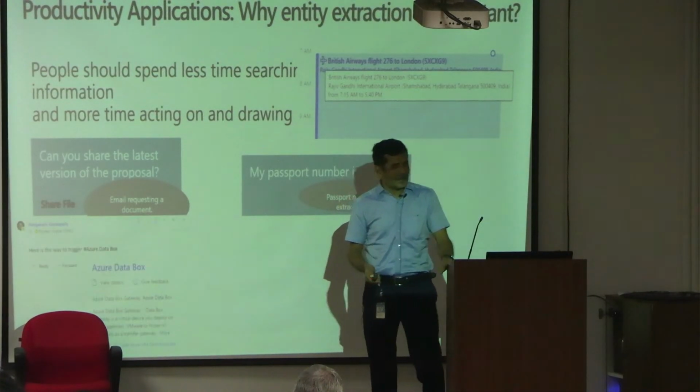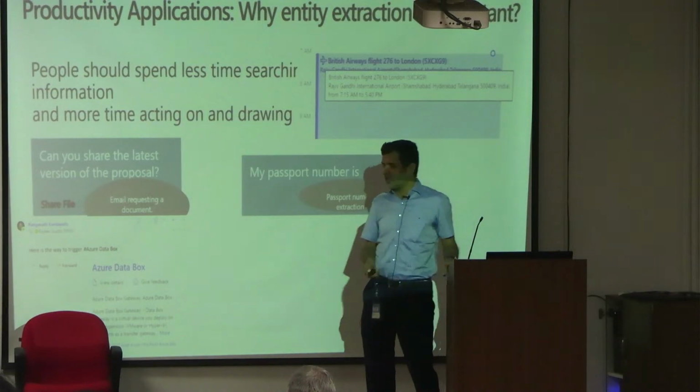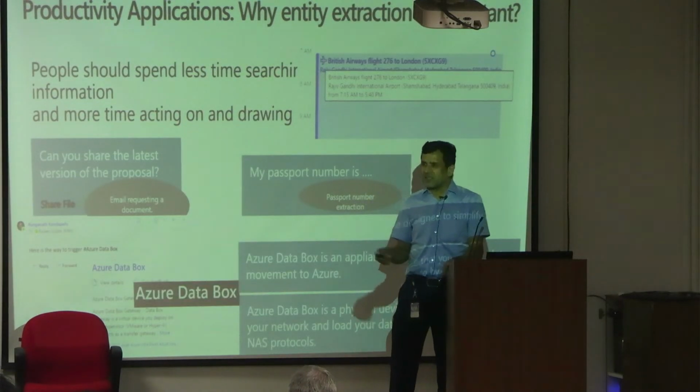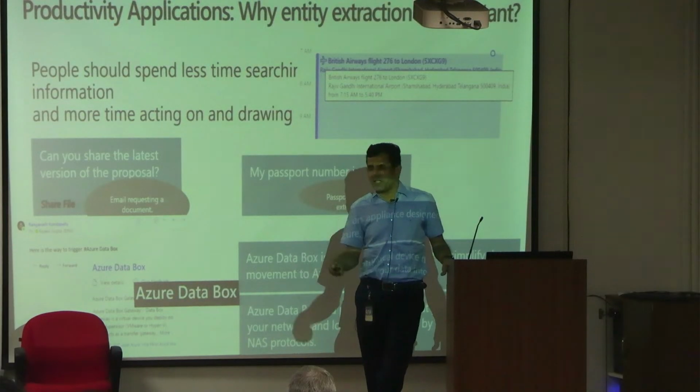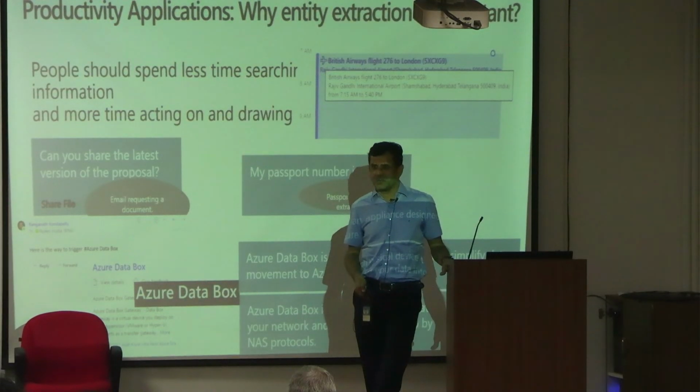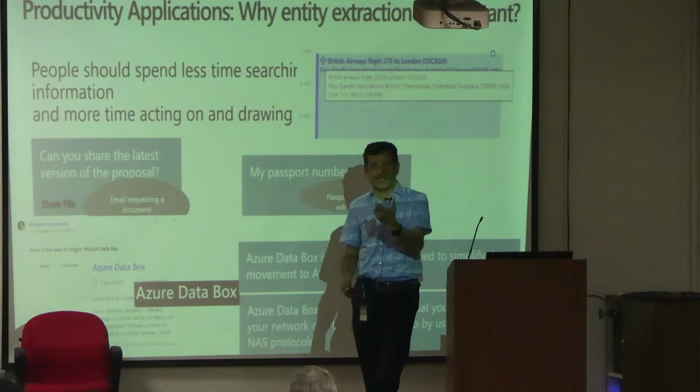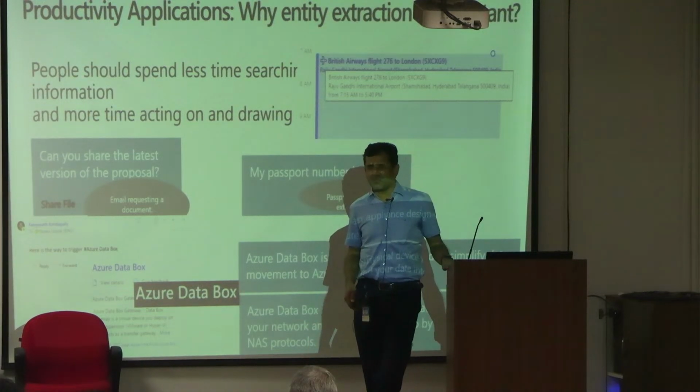The example about Azure Data Box: again, the information is available, and if I want to explain to somebody what Azure Data Box is, or somebody has sent me an email with the phrase Azure Data Box, I should be able to hover over it and get the details of it, right?